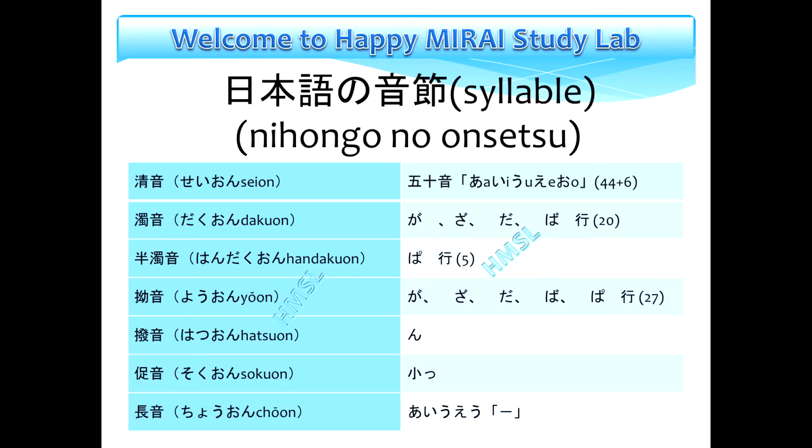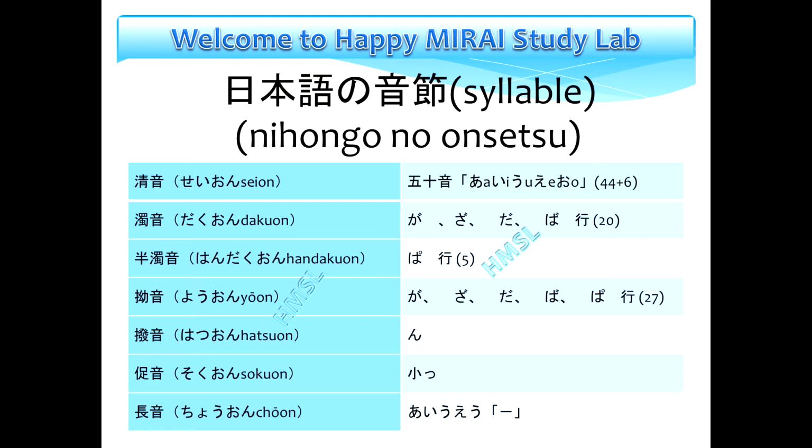You always use it with another alphabet. A very good example here is the word for set, where we are using the o and the hatsuon. So you always use it with another alphabet. And then move on to the sokuon.